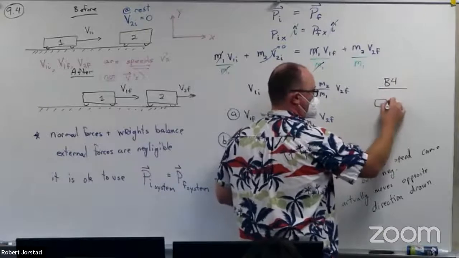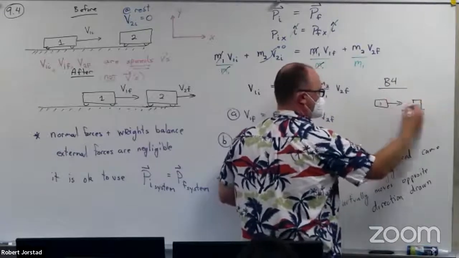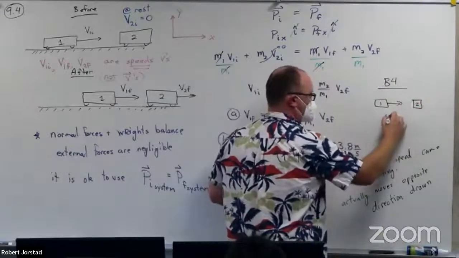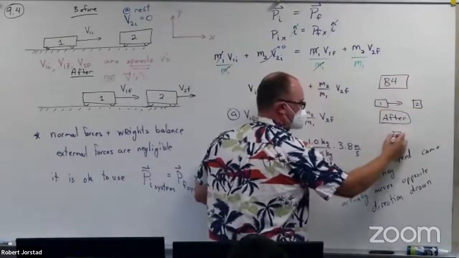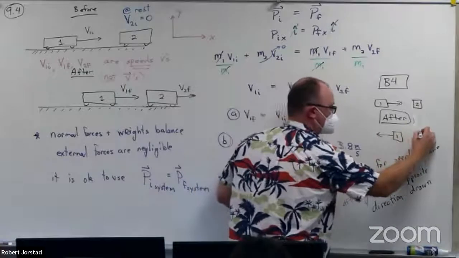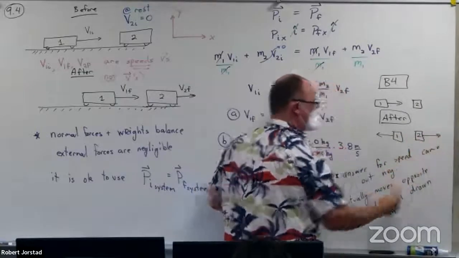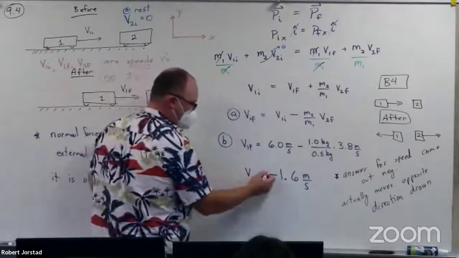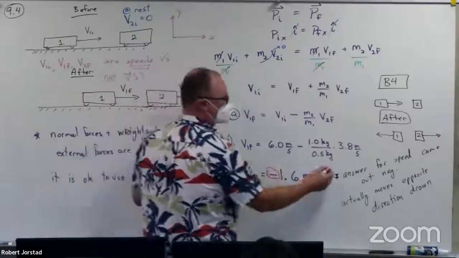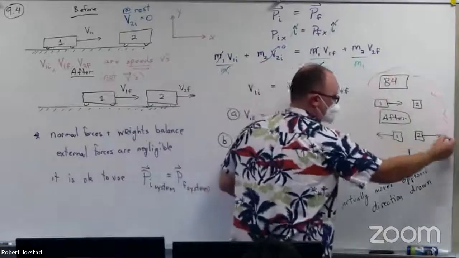We have a block going this way, hitting a stationary 1 and 2. And then after, 1 is actually moving backwards when 2 moves forwards. That's what the negative sign means right here. This minus sign means all of this.